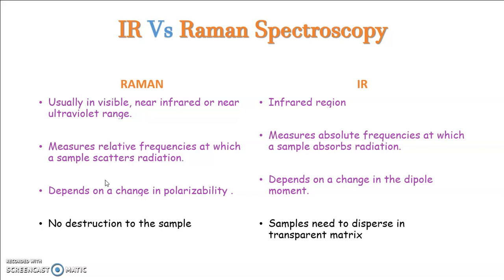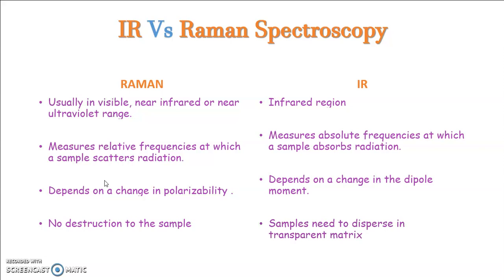Thus, some vibrations that are active in Raman may not be active in IR and vice versa. An advantage of Raman spectroscopy is that there is no destruction to the sample. In IR, the sample needs to be dispersed in a transparent matrix.